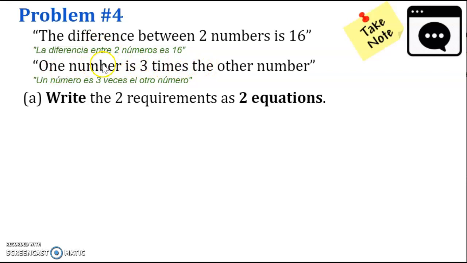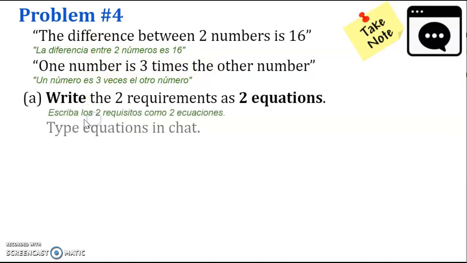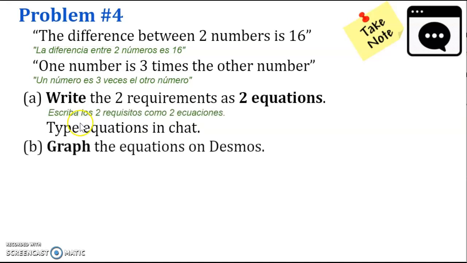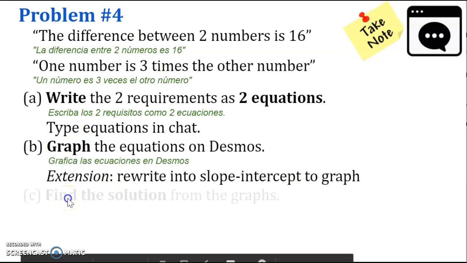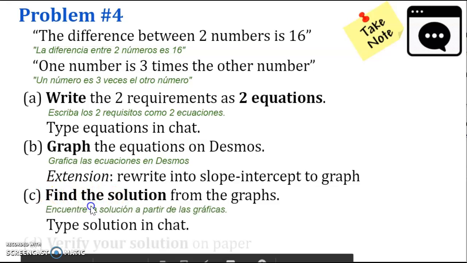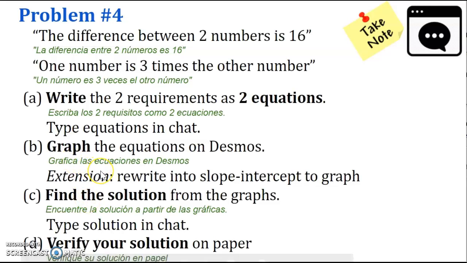So how could we translate that into an equation? You're going to come up with the equations, and then you are going to graph them on Desmos. Again, the extension is to rewrite it in slope-intercept form and graph it yourself, and then find the solution from the graph, and then finally verify your solution on paper by substituting each of the x and y values into your original two equations and making sure that they are coming out with a true statement.